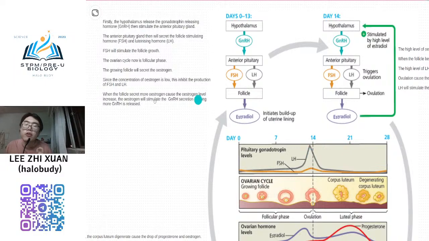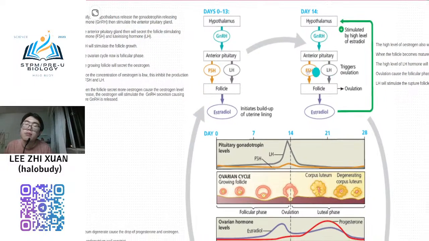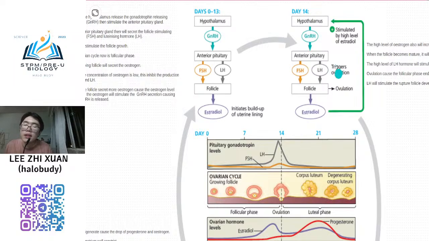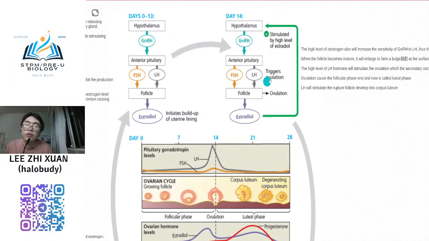Why? Because estrogen will stimulate the hypothalamus to release more GnRH, and this GnRH will stimulate the anterior pituitary gland to secrete a high amount of FSH and LH, especially LH. A higher amount of LH will stimulate the ovulation process to release the secondary oocyte, so the secondary oocyte will be released from the follicle.